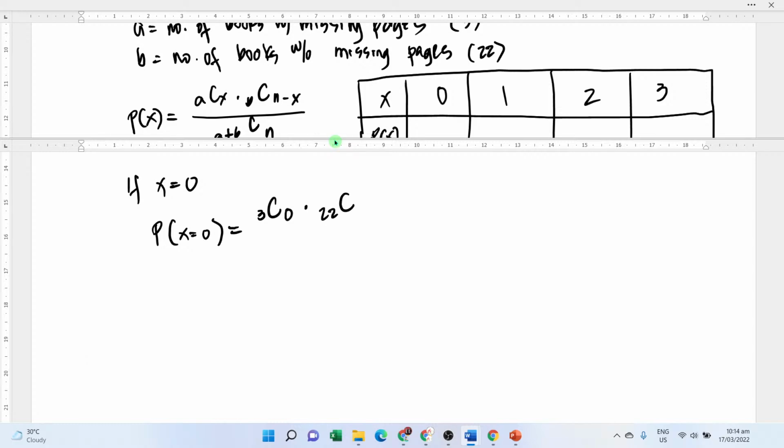Then we have 22 combination n minus x, and n is equal to 5. That will be 5 minus 0, right? And the total is a lot of 25 books, so we have 25 combination 5.